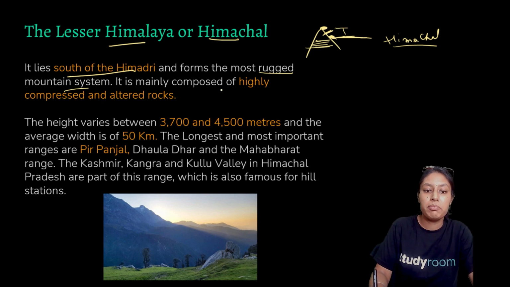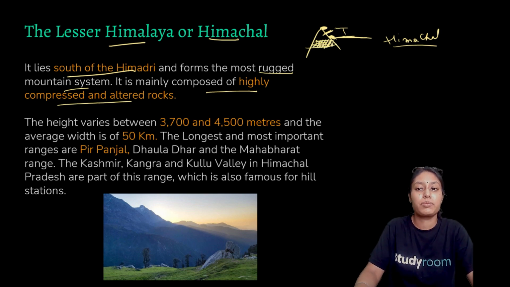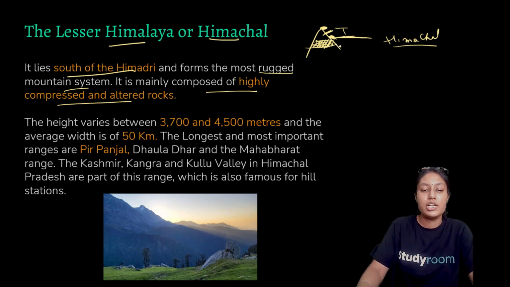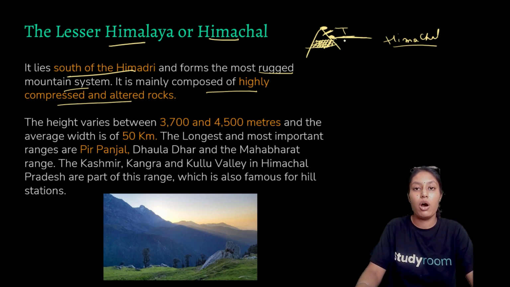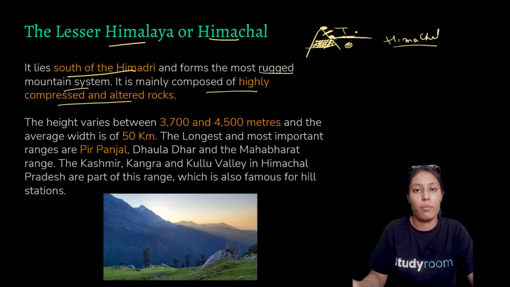It is mainly composed of highly compressed and altered rocks. Which means it does not have a single proper source, and that's why it is called rugged, because it is made up of various different kinds of rocks. Altered rocks are basically those which do not have the same type of formation.